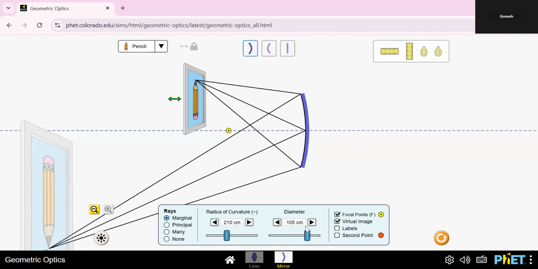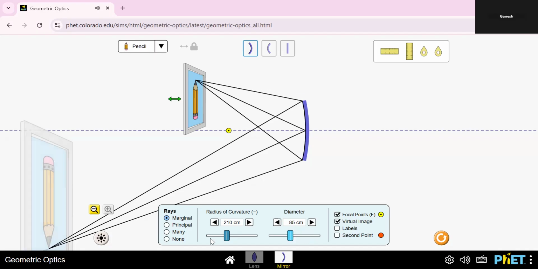The picture is not clear when we adjust the diameter of the mirror. So this is the right image when we are taking the plane mirror, concave and then convex lens.